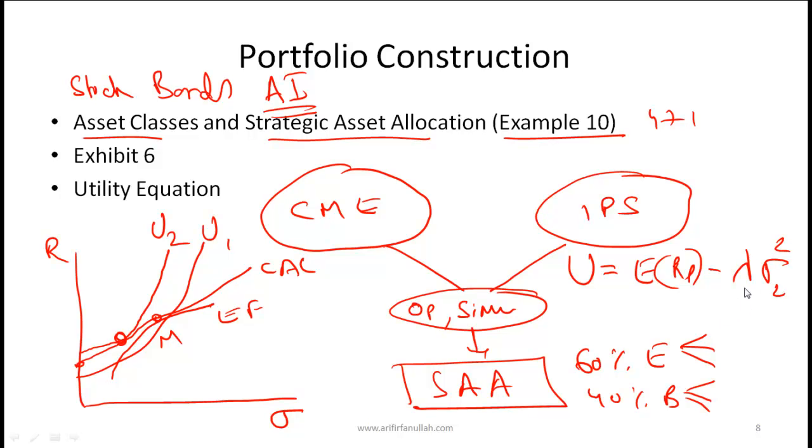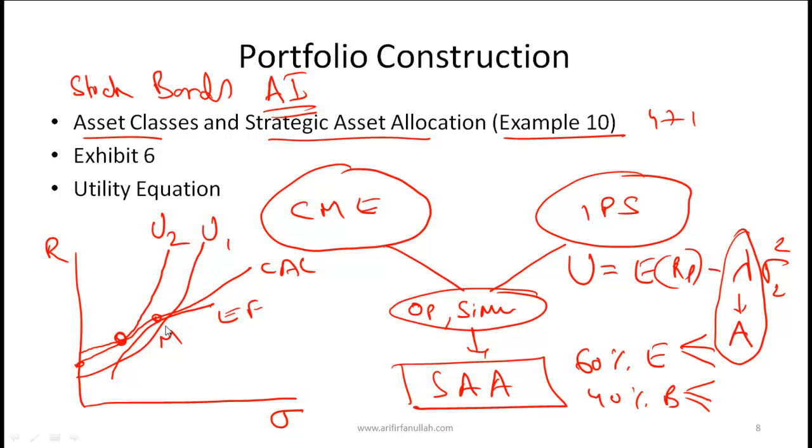In an earlier reading, instead of lambda, we had used A. So this essentially is the level of risk aversion. The more risk averse an investor is, the higher the lambda or the A. And U is fixed for a given utility curve.